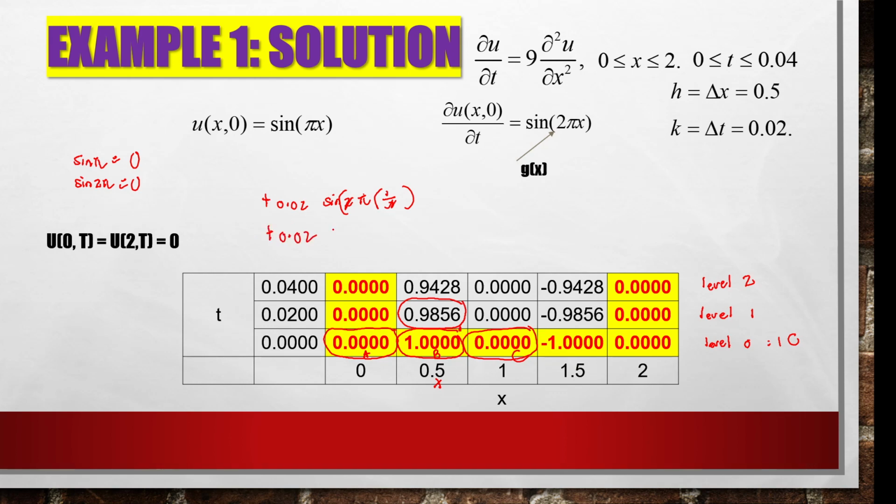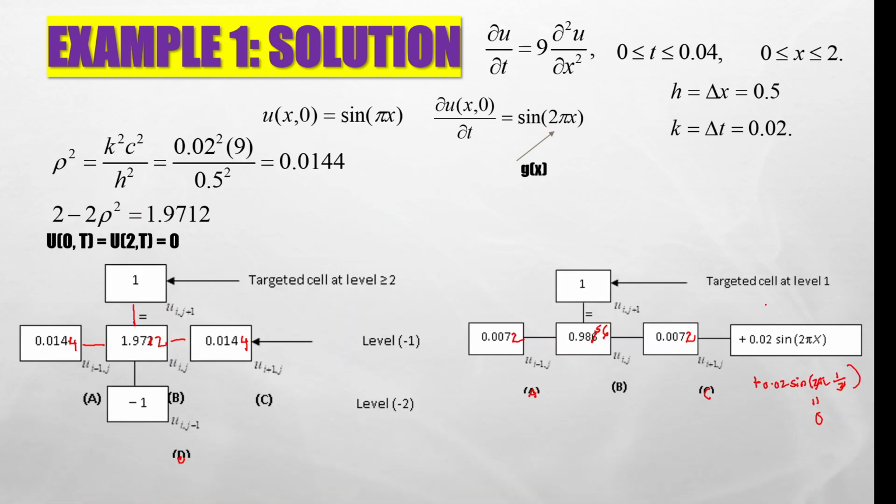When x is 1.5, which is 3 over 2, you get sin 3 pi, also 0. So that's why just now I forgot to add this term and still got the same result, because luckily sin 2 pi x for x of 0.5, 1, 1.5 leads to 0.